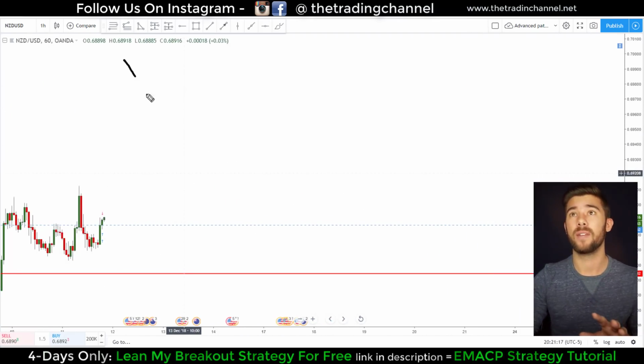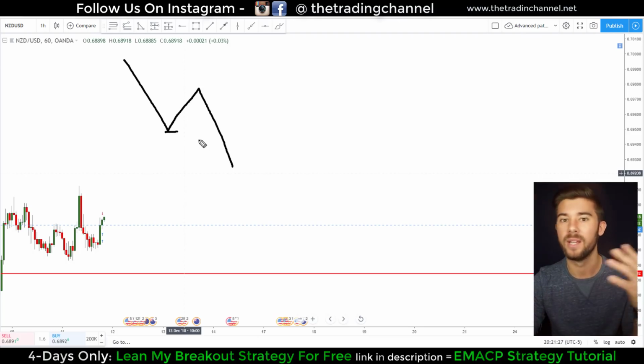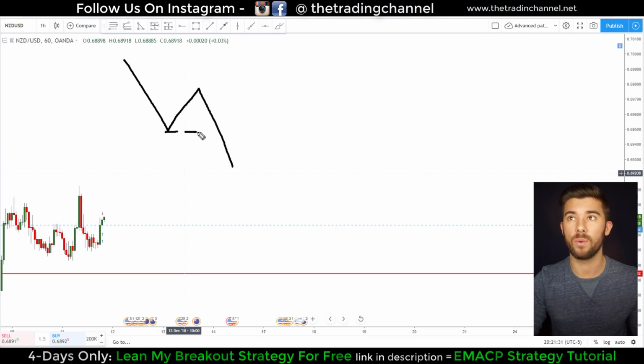So if we're trading on a 4-hour, 1 hour chart, let's say you are a swing trader, what you're going to be looking for is a market that has a significant break of support or resistance. I'm doing downtrend examples. This all applies the same in an uptrend. So in a downtrend, we're looking for the significant break of a structure support level. Then we want the market to pull back up to that support level.